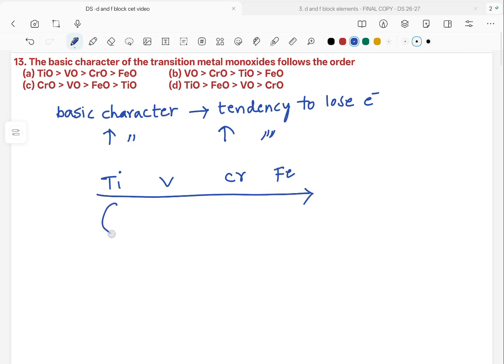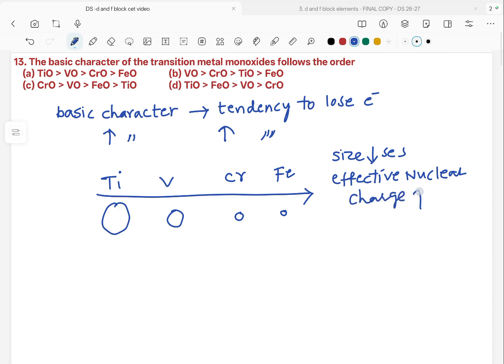The atomic size across the series decreases. As the atomic size decreases, effective nuclear charge increases.